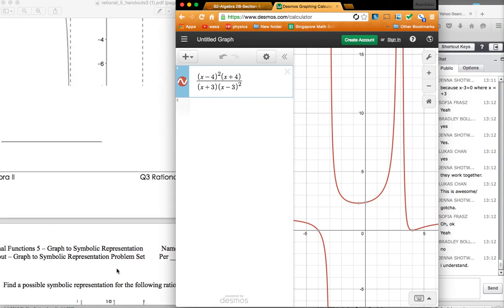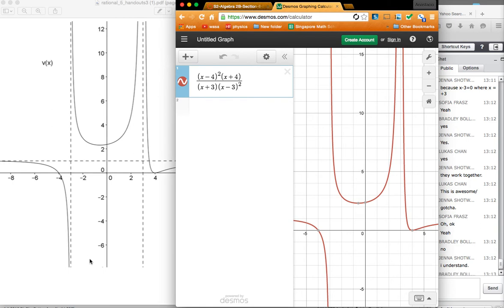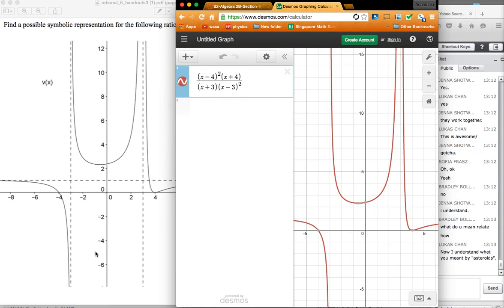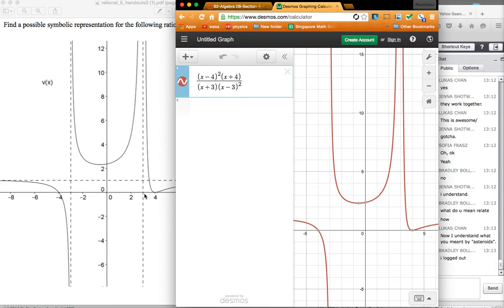Okay. Also, I want you to notice something. I mean, what do I mean by associated with? If I told you one vertical asymptote is at negative 3, you would have written this thing down right here.